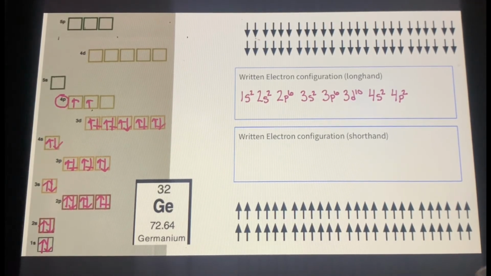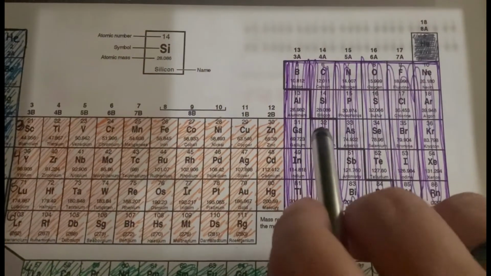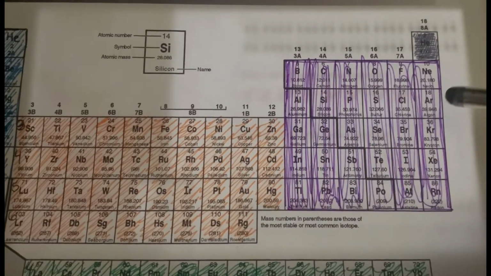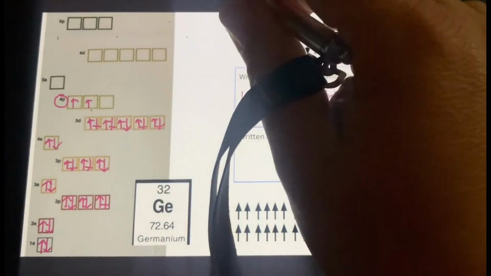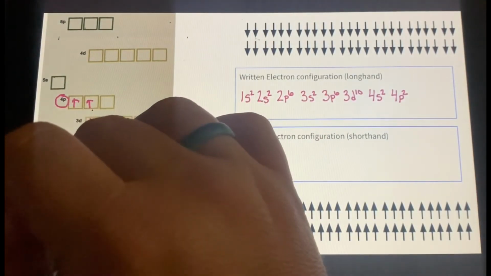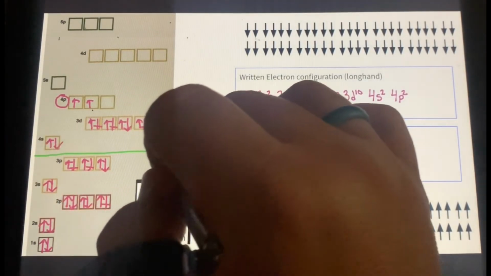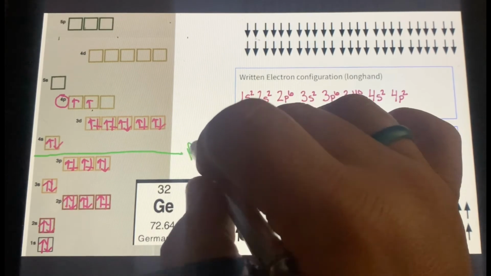Next, let's get that shorthand written. So here's germanium. I go to the row above. It's argon, which is on row 3, P block. I'm going to change my pen color for you. Here's my P block right here. And that's argon.